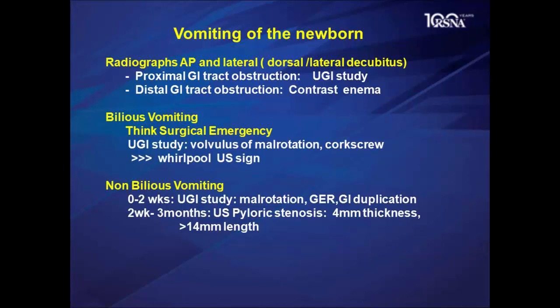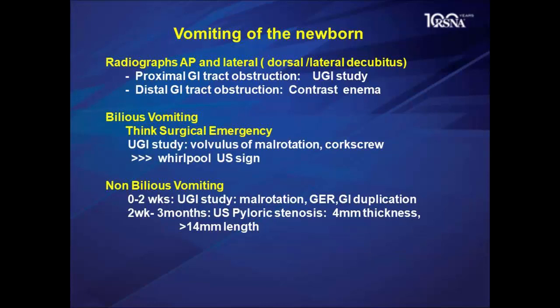This shows early in life. Typically, between 2 weeks and 3 months of age, you would have a baby who would vomit every feed, and every successive vomiting is more projectile, more powerful.